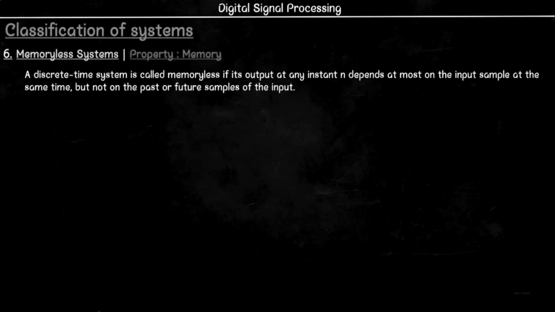A discrete time system is called memoryless if its output at any instant n depends only on the input sample at the same time. There should not be any dependence for the output on the past and future samples of the input.